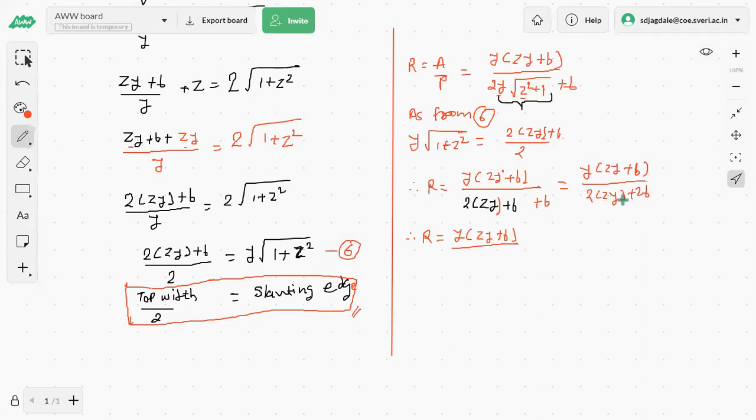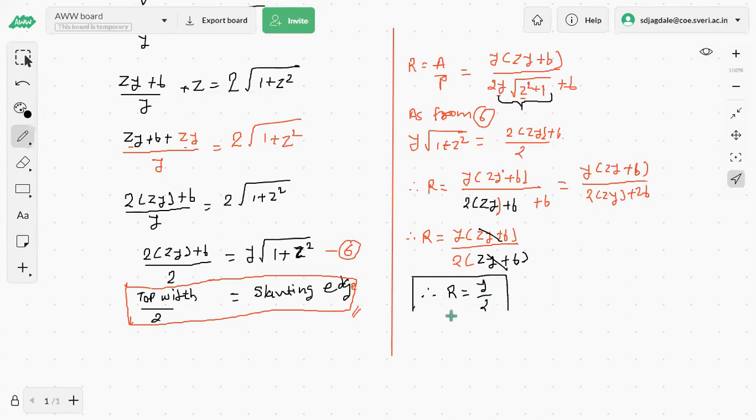So I would like to take the 2 as common. So 2 outside, in the bracket the remaining term will be from the first term z into y, plus from the second term the b. Okay. So now zy plus b and zy plus b will cancel each other. That is hydraulic radius r will be equals to y upon 2.